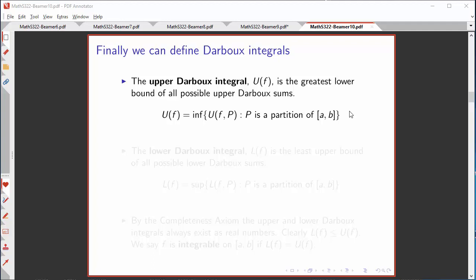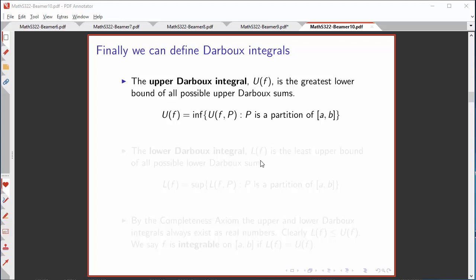I had to stop and think there, but now I've recovered my explanation. When you make a finer partition, you're going to make the upper Darboux sum smaller. And so we have this set of upper Darboux sums, and there's some number which is the largest real number that's less than or equal to all of these, the infimum. That's what I'm going to mean by the upper Darboux integral.